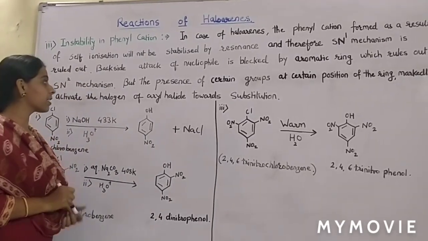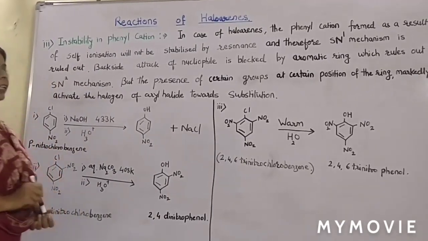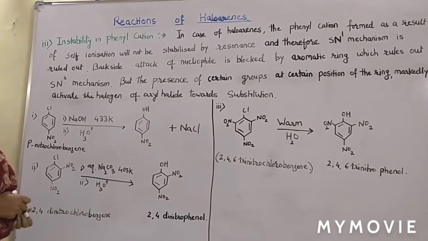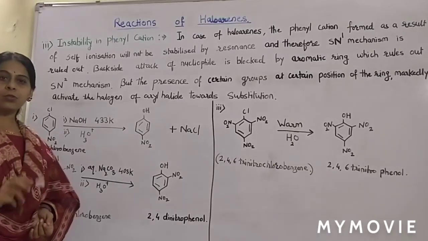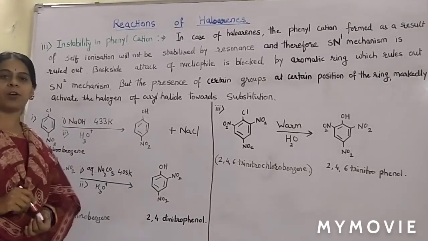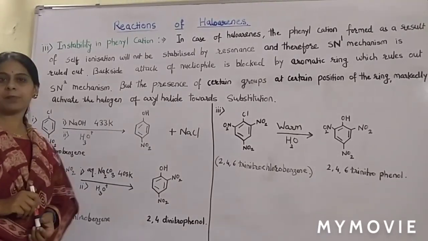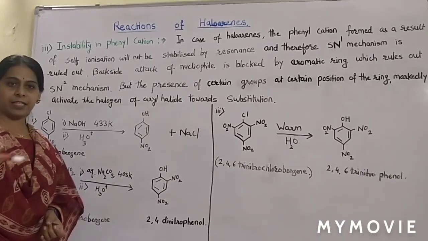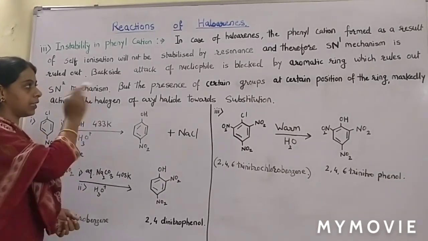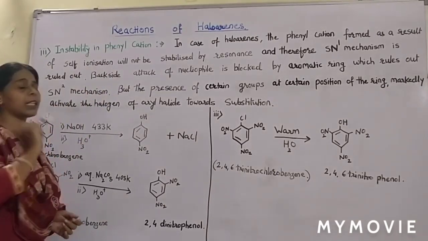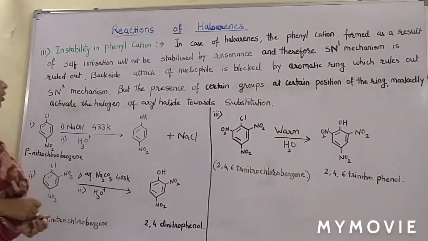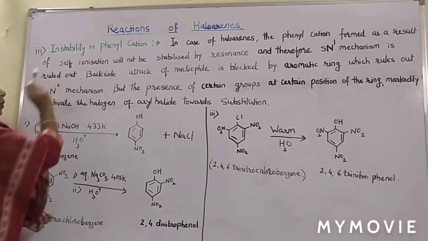We already know that SN1 is a two-step reaction, and the first step is the formation of a cation, which must be stabilized, then only can the next step proceed. But here the phenyl cation is unstable, and because of this the SN1 mechanism is ruled out.